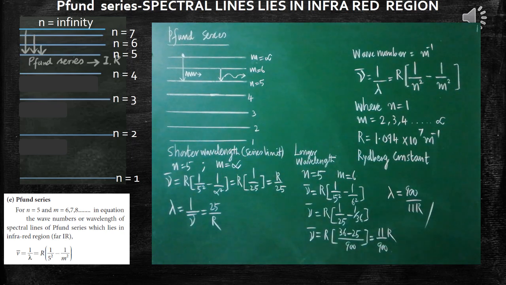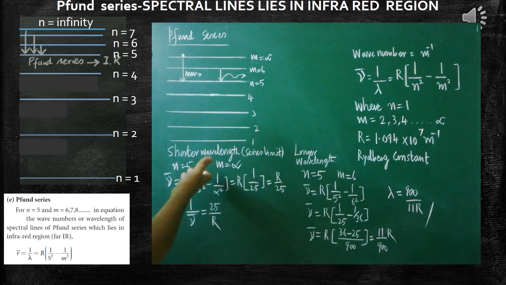Okay, so I have explained all the series in a very detailed manner. Here we have calculated just the two extreme cases. If you want to calculate the wave number or wavelength of any transition in any series, you should know from where the electron transition takes place.